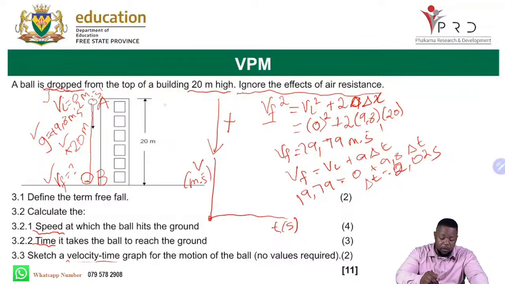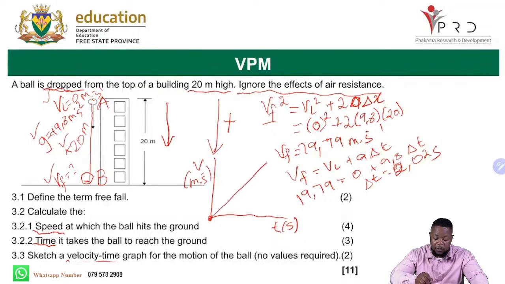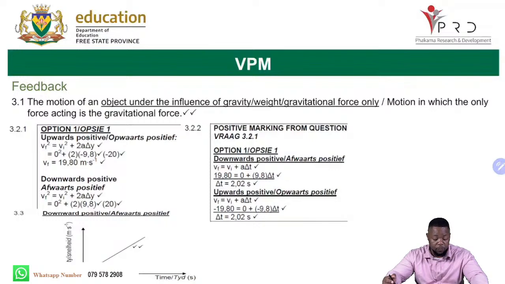Now, as the ball goes down, we see that its velocity is increasing. So with an increasing velocity starting from 0, we can easily draw a line that goes like that, and that will represent the velocity versus time graph that the examiner is expecting. Let's now see the solutions that are typed out nicely. We have seen that the speed is 19.80.